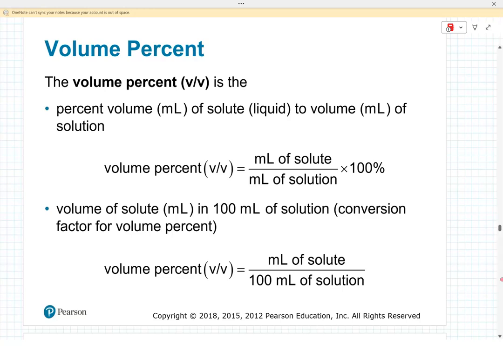For instance, when you go to a liquor store and you see that it's 14, 15 volume percent, it means that 100 milliliters of the solution, wine, contains 14 milliliters of pure ethanol. Clear? So, same idea, right?